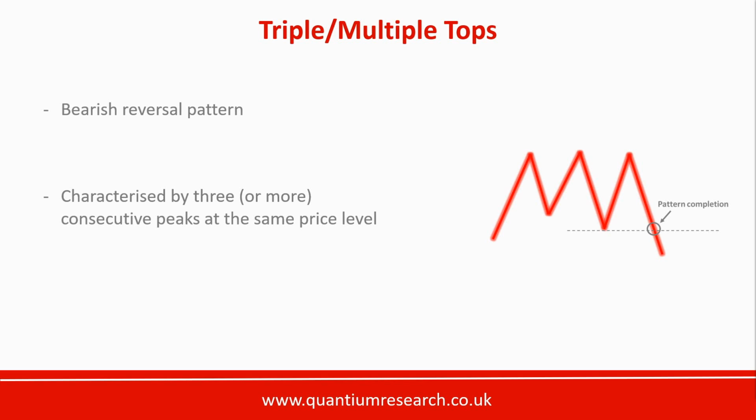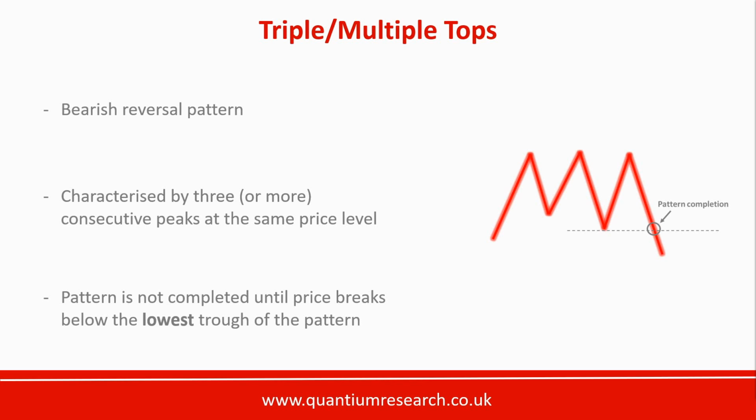They don't have to, because this is ultimately subjective, and you have to make a judgment as to how close the peaks have to be to count as a triple or a multiple top, because you can have more than 3 peaks. You can have a top with 4 peaks, and that would be classed as a multiple top, or 5 or whatever. It doesn't matter. But in this case, there's no precise rule for it, so these peaks should be pretty close.